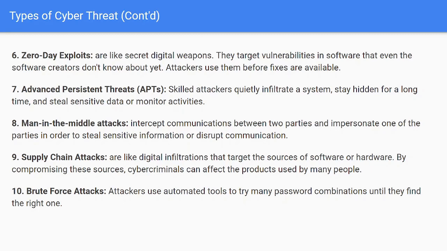All right, so the next thing is advanced persistent threats. These are when skilled attackers quietly infiltrate a system, stay hidden for a long time, and steal sensitive information or monitor activities. So APT attackers are patient, right? They are not in a hurry. Usually this is done for government organizations, government against government, when two governments or organizations are fighting each other, right?